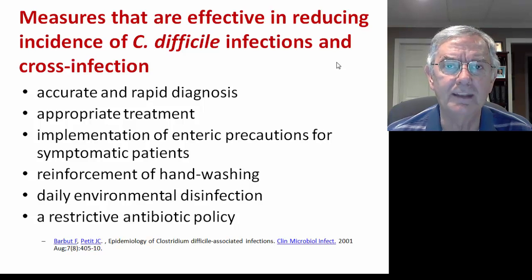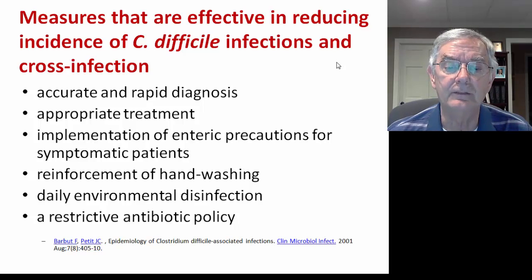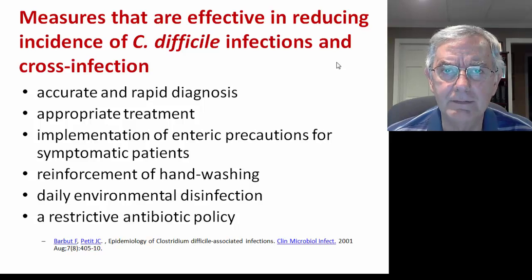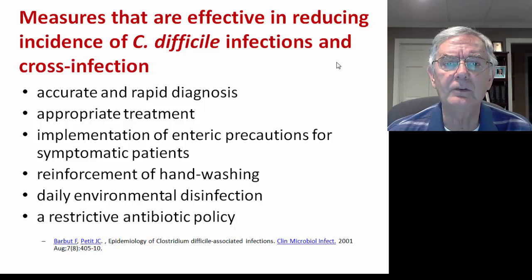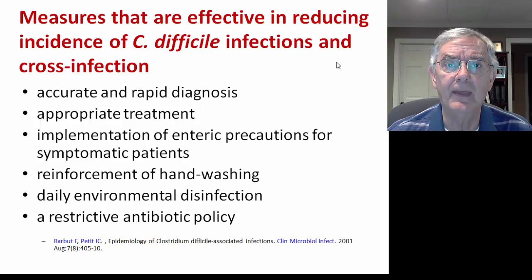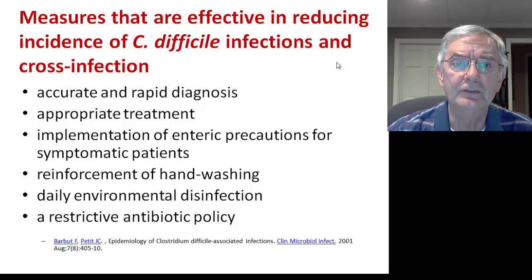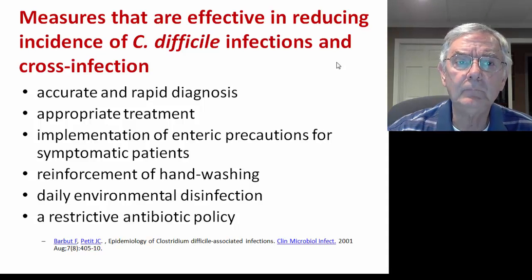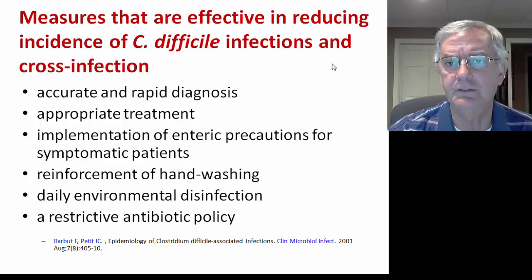Reinforcement of hand washing as often as necessary. Daily environmental disinfection, and having a restrictive antibiotic policy. Now, hospitals may use one or all of these, or any combination of them, and they have all been shown effective to some degree in reducing the incidence of Clostridium difficile infections.